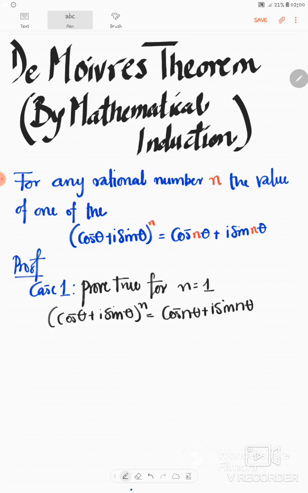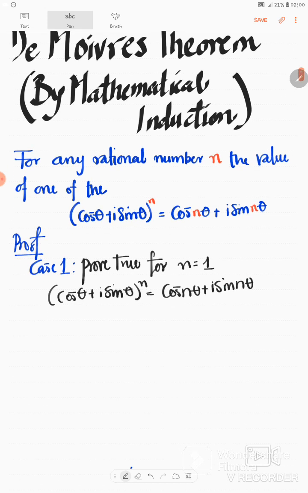Then anywhere we see n, we put our 1 inside. Now let's go by saying (cos theta plus i sin theta) raised to power 1 equals cos 1 theta plus i sin 1 theta.